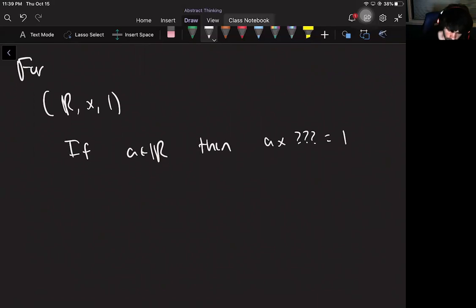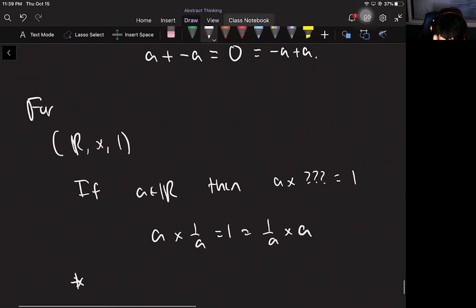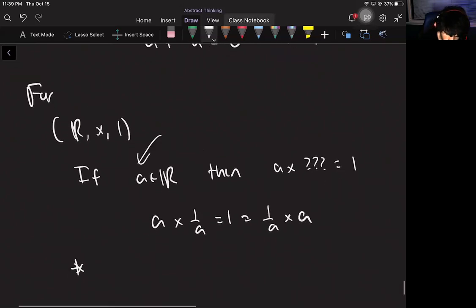Well, you might remember it's 1 over A. But with one little caveat, which is that this doesn't always work. And we need it to be a for all statement.